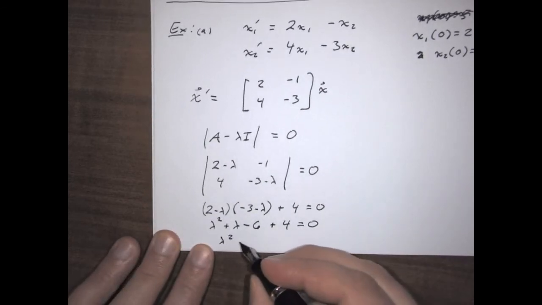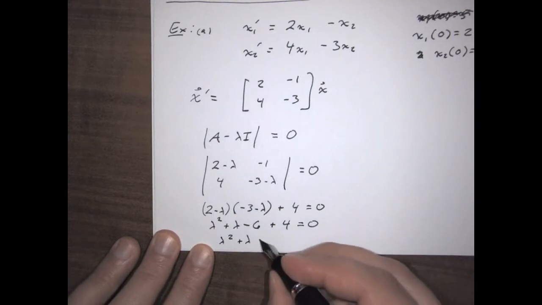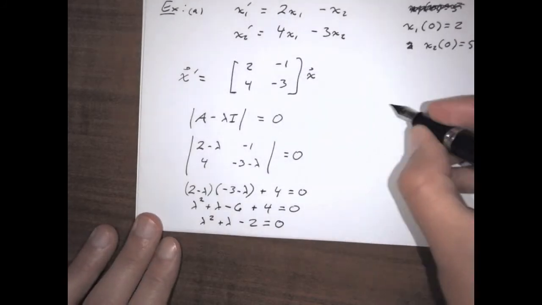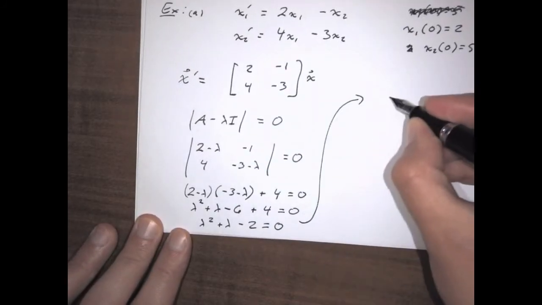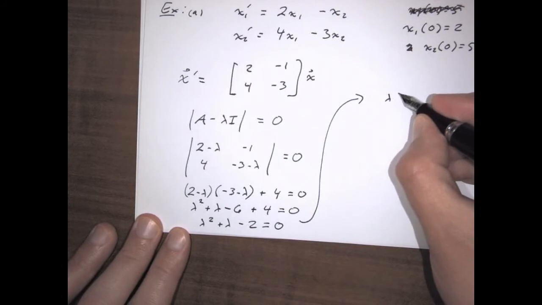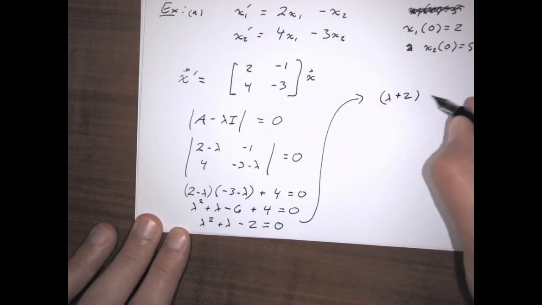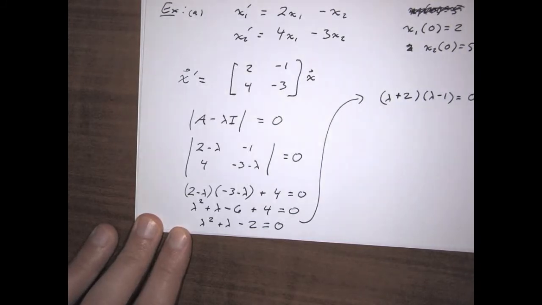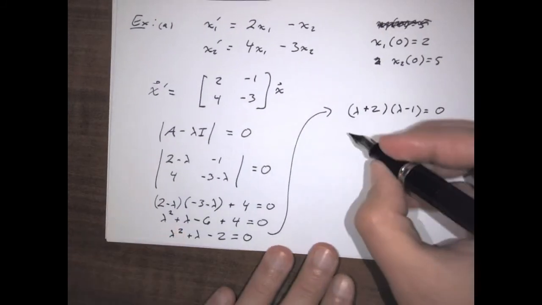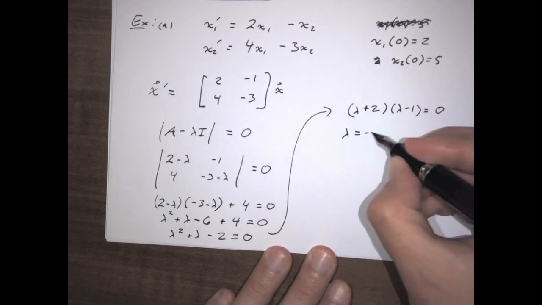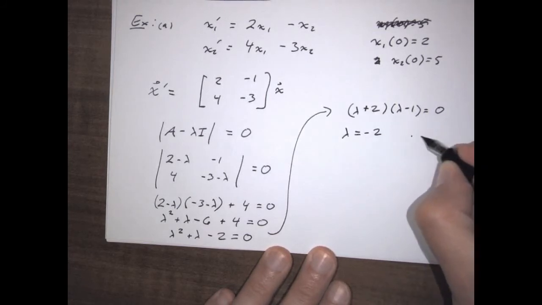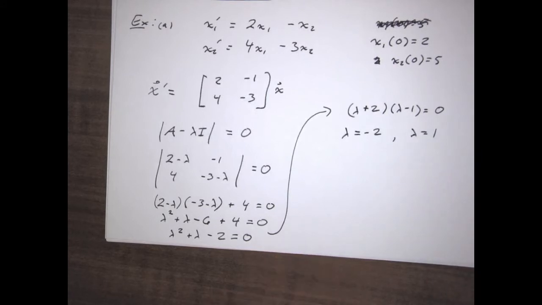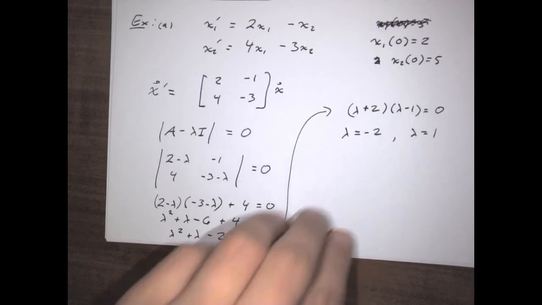So lambda squared plus lambda minus 2 equals 0, which gives us a factorization: lambda plus 2, lambda minus 1 equals 0, which gives you lambdas of negative 2 and lambda equals 1. So we've got two distinct real eigenvalues here.